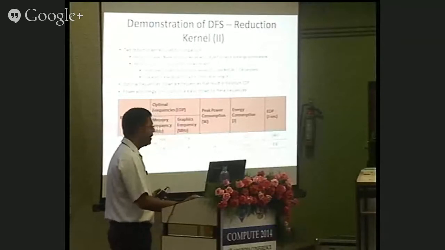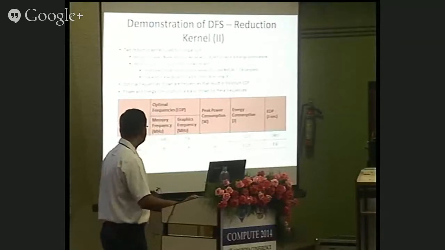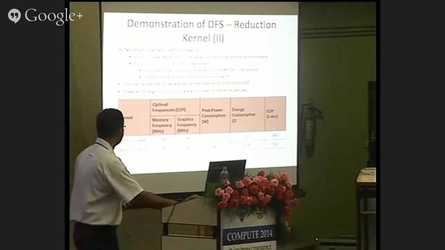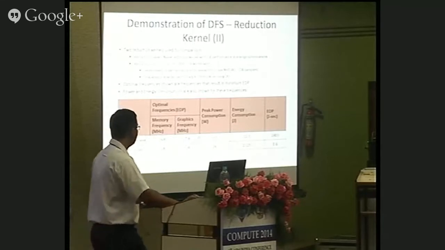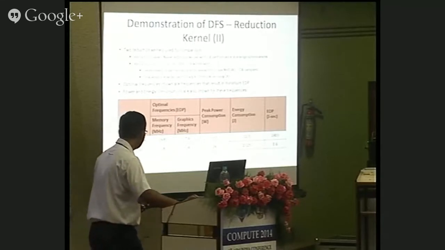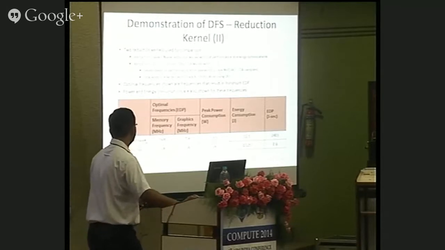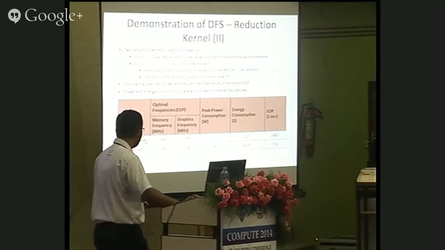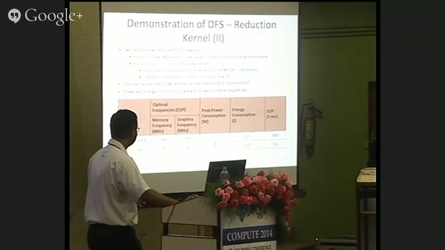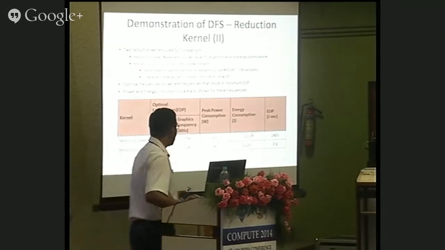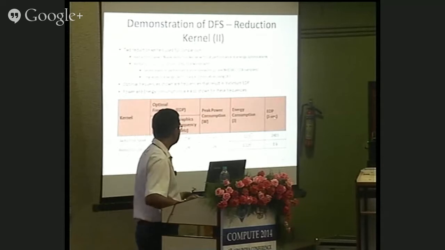With the unoptimized kernel at a memory frequency of 2600 megahertz and a graphics frequency of 715, we got the best performance, but its peak power consumption was about 65 watts. The energy consumption was 12.5 joules, and the energy delay product was 0.03.